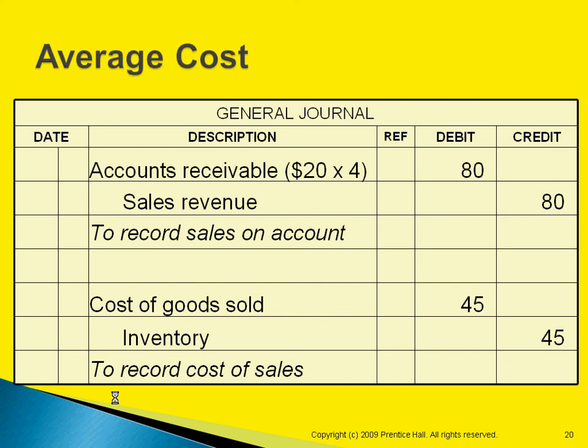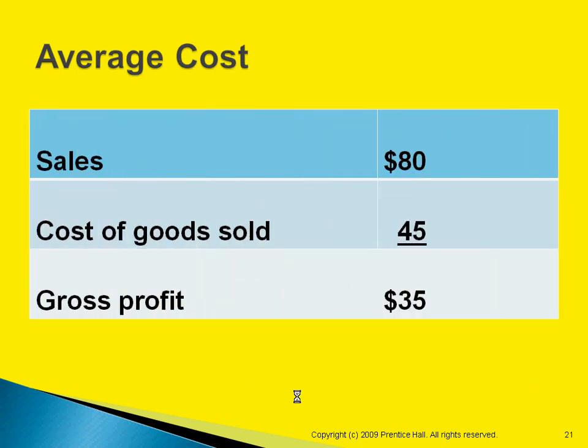What's left in ending inventory is 4 shirts at $45. What was moved to cost of goods sold was 4 shirts at $45. So under the average cost method, our simplified income statement would show our sales of $80 less our cost of goods sold of $45 for a gross profit of $35.